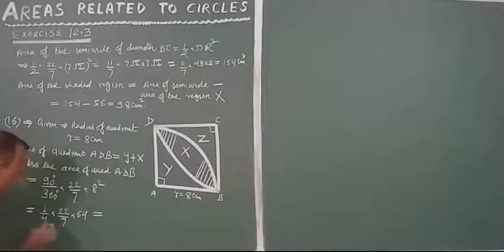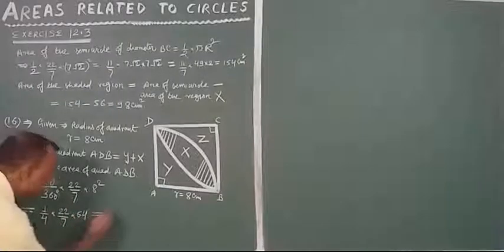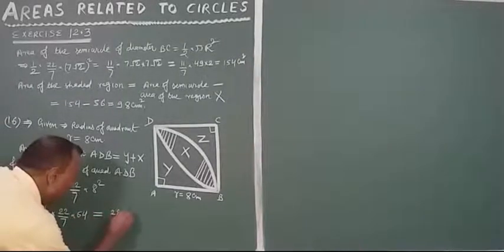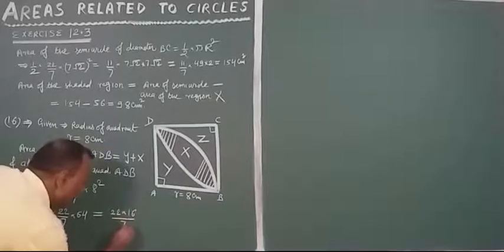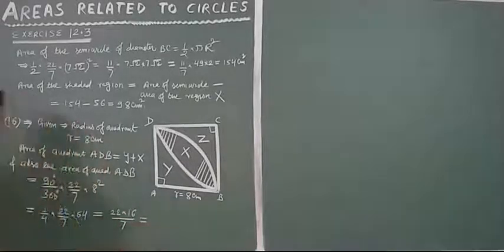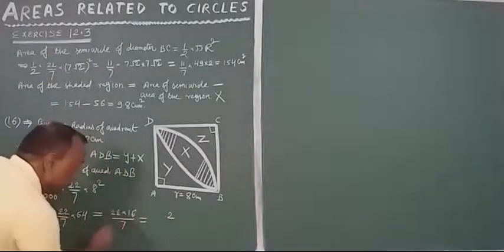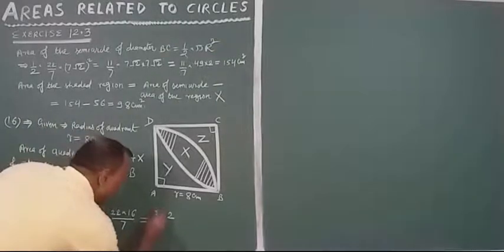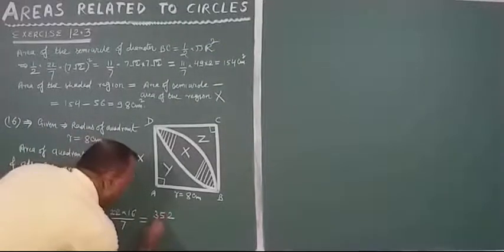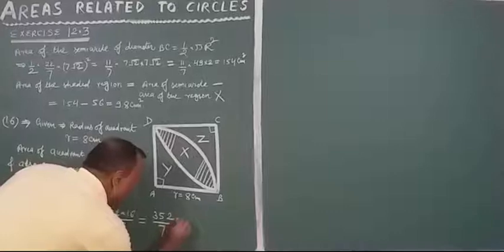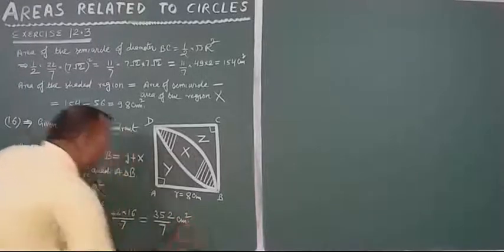Now solve it. 4 into 16, so 22 into 16 upon 7. When you multiply this, you get 352 upon 7 centimeter square.